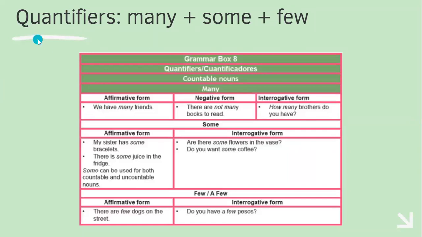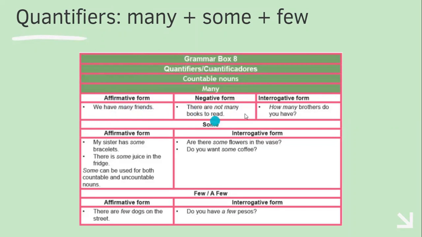And now we're going to learn about quantifiers, specifically with many, some, and few. So for countable nouns, we can use many. And the affirmative form would be we have many friends. We start with the subject, then the verb, and then many.